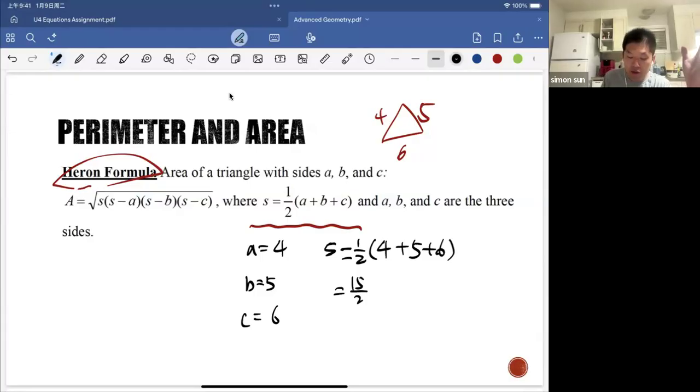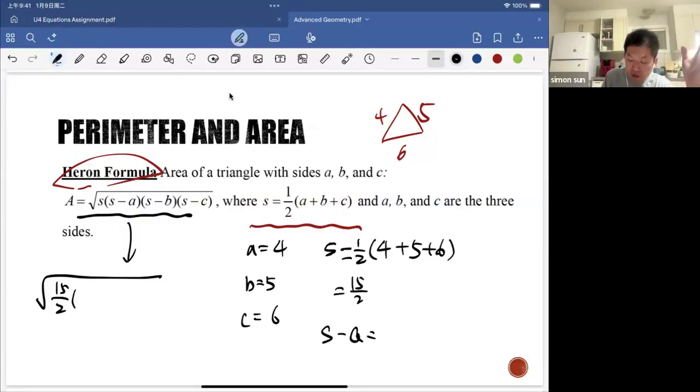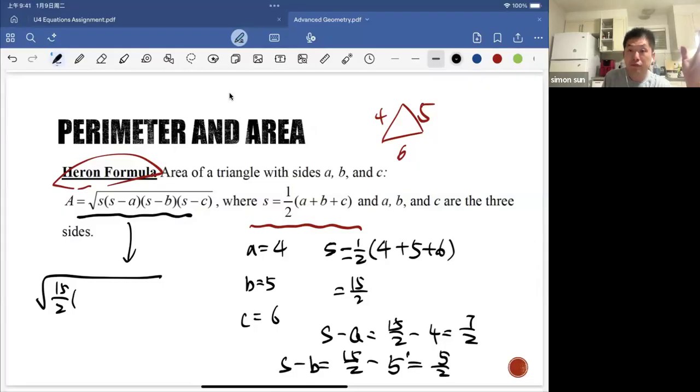Now, look at the formula here. We take the square root of S, 15 over 2, times S minus A, which is 15 over 2 minus 4, is 7 over 2, right? And S minus B is 15 over 2 minus 5, which is 5 over 2.